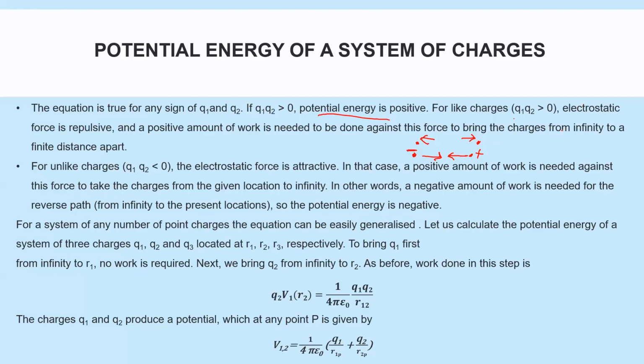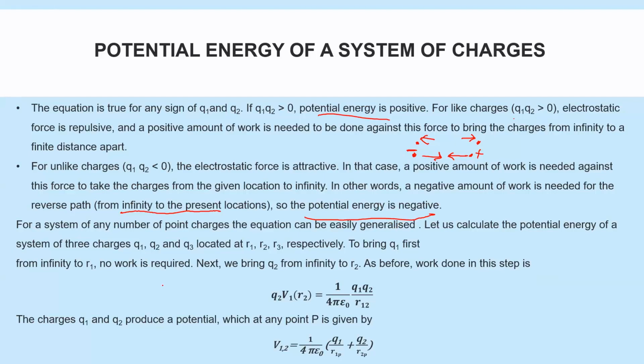But getting the charge from infinity to this point is going to be negative. So a negative amount of work is needed for the reverse path, from infinity to the present location. The potential energy then becomes negative; if the product of Q1 Q2 is negative, your potential energy is going to be negative.